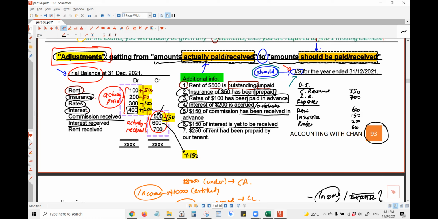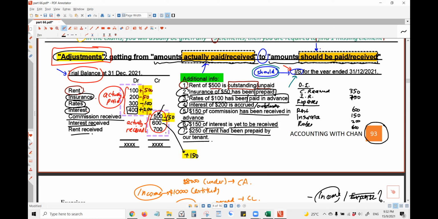Okay, last one, rent received. Number 7, additional info 7. $250 of rent had been prepaid by our tenant. Our tenant is too rich to the extent that this tenant overpaid us by 250. This tenant paid for the following year's rent.